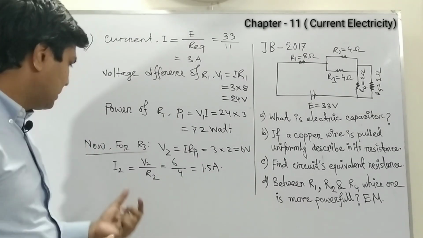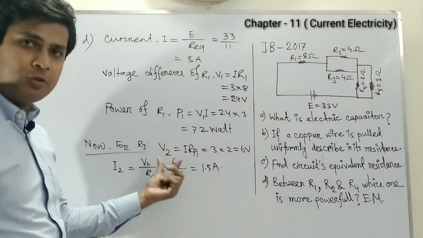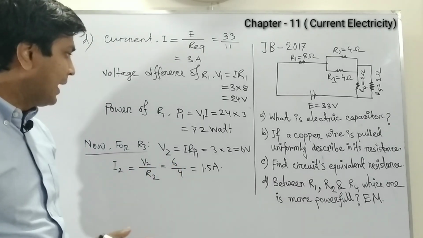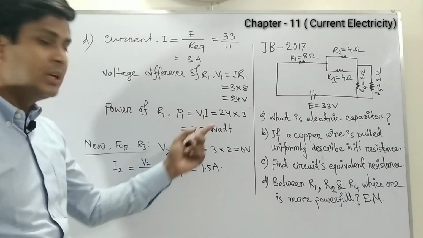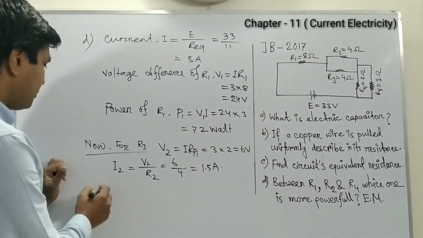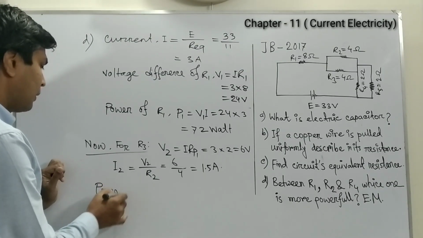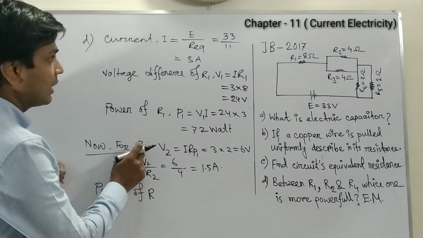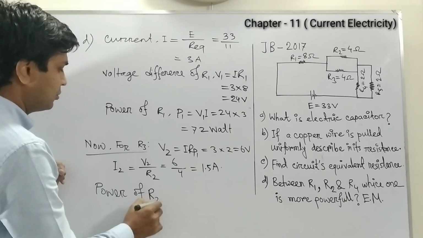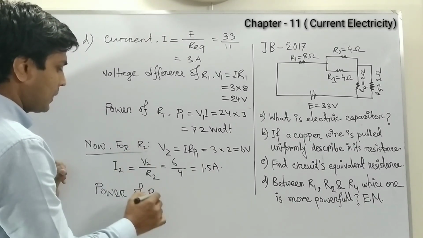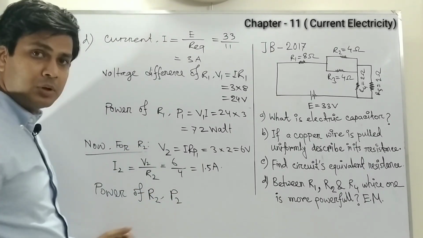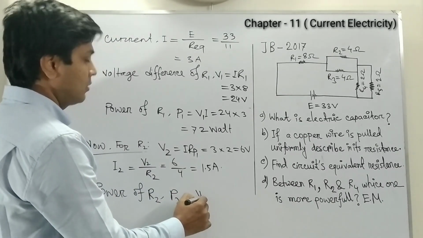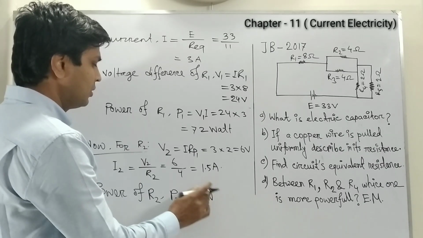Now we have the current and we have the voltage, so we want to calculate the power. We apply the formula of power, P equals VI. Now the power of the second resistance, power of R2, which will be P2, is V2 into I2.